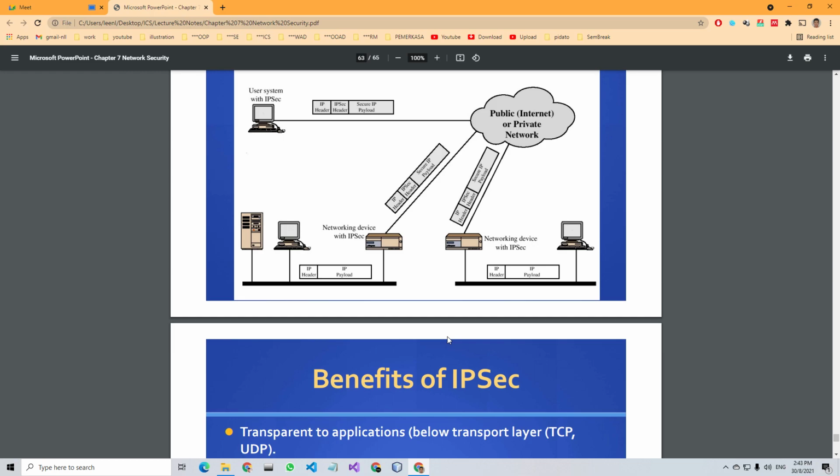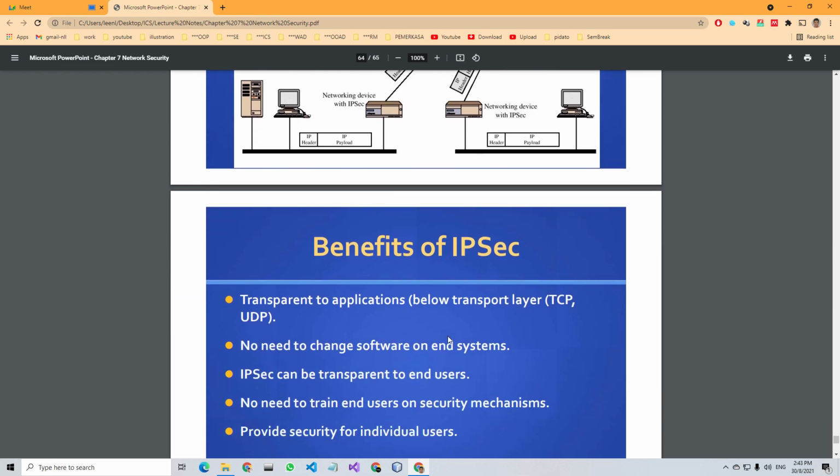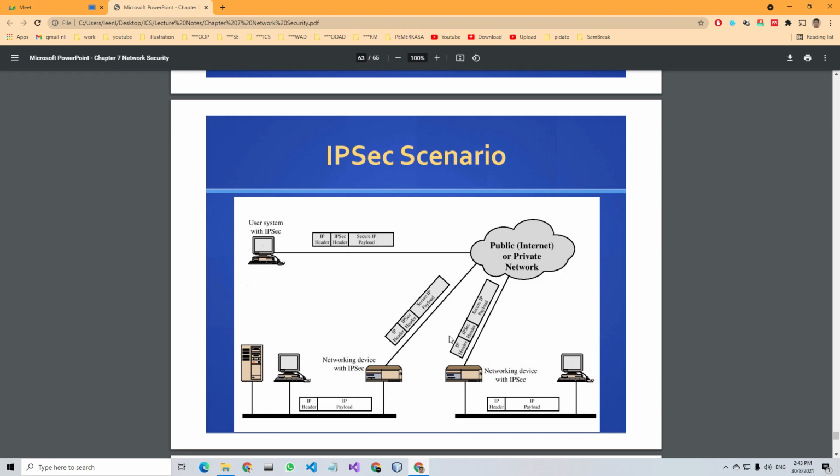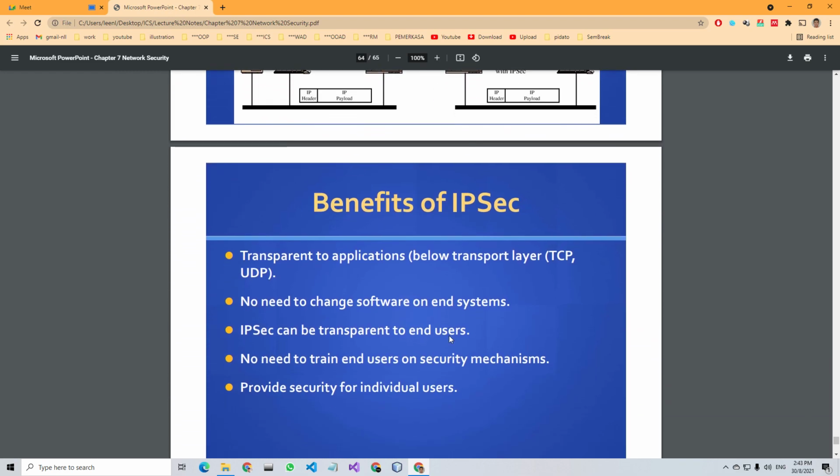Okay, the first bullet is talking about how IP security is below the transport layer. That's why it is transparent to the application, and there is no need to change software on the user or server system when IPsec is implemented in the firewall or router.